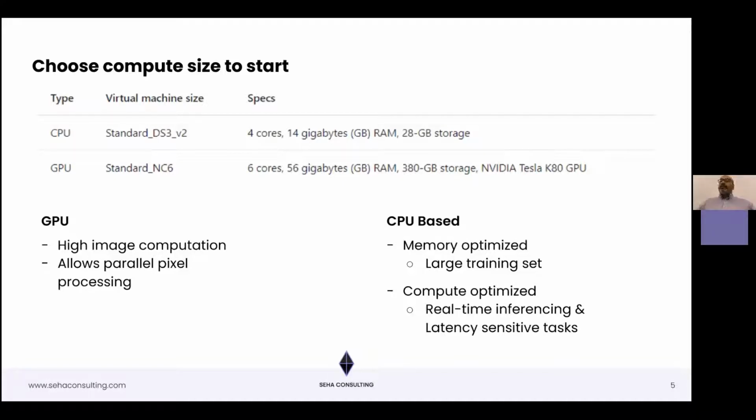As opposed to compute optimized, where the focus is more on compute relative to memory, and they're better for tasks that are latency sensitive, like real-time inferencing, where you might have multiple requests on your model to score, where compute is more of a priority.